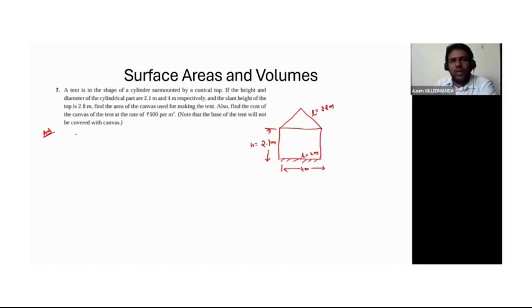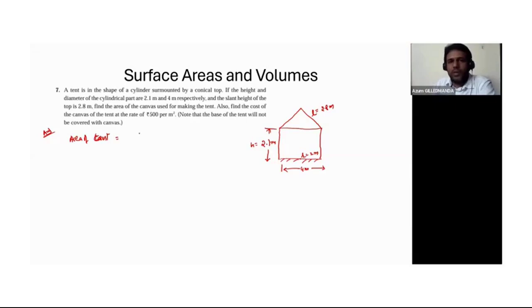So basically what we need is the area of the tent. First we'll find the area of the tent. That is nothing but the area of the canvas required.